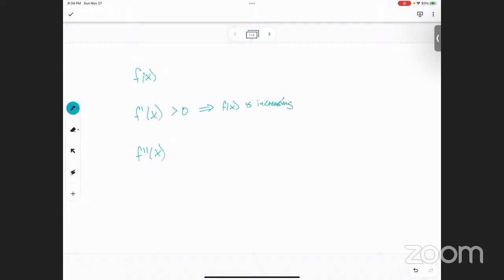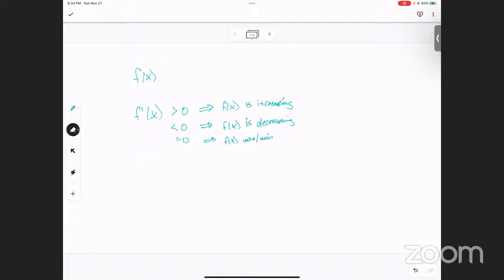Does that make sense? If this is negative, what does that imply? f of x is going to be decreasing at that point. And if it is equal to 0, what is it? Max, min, or inflection. That's right.